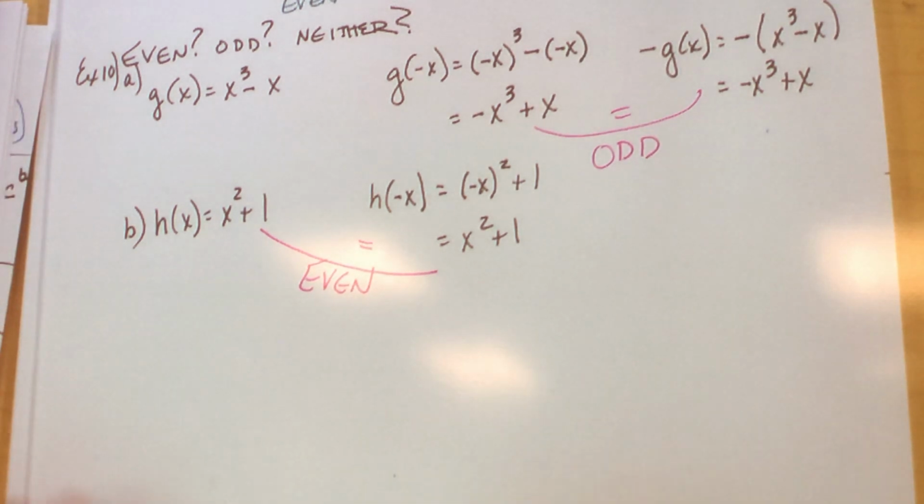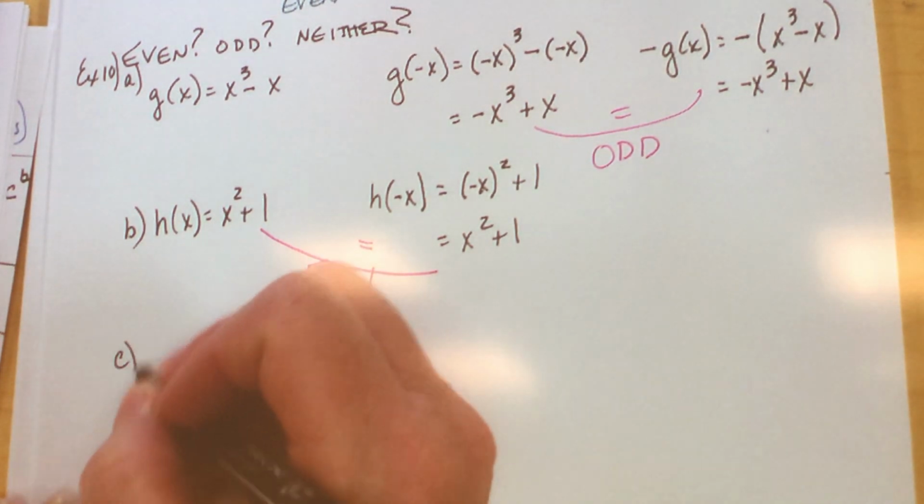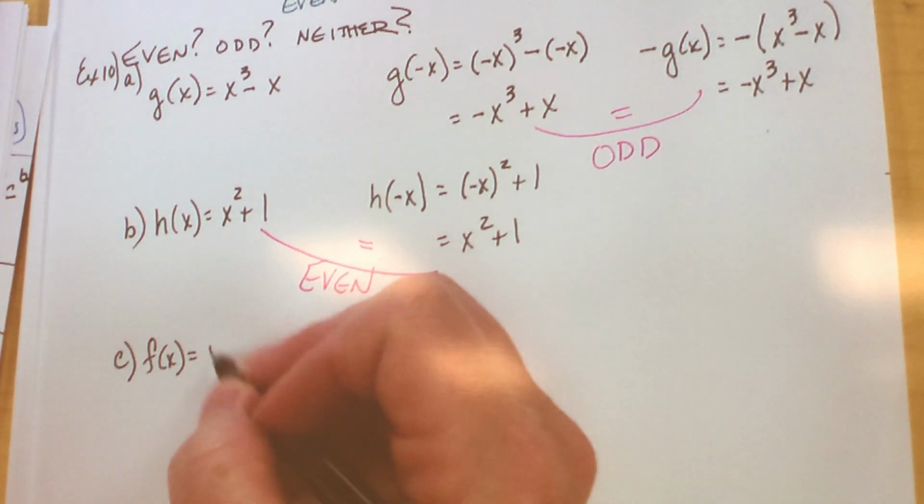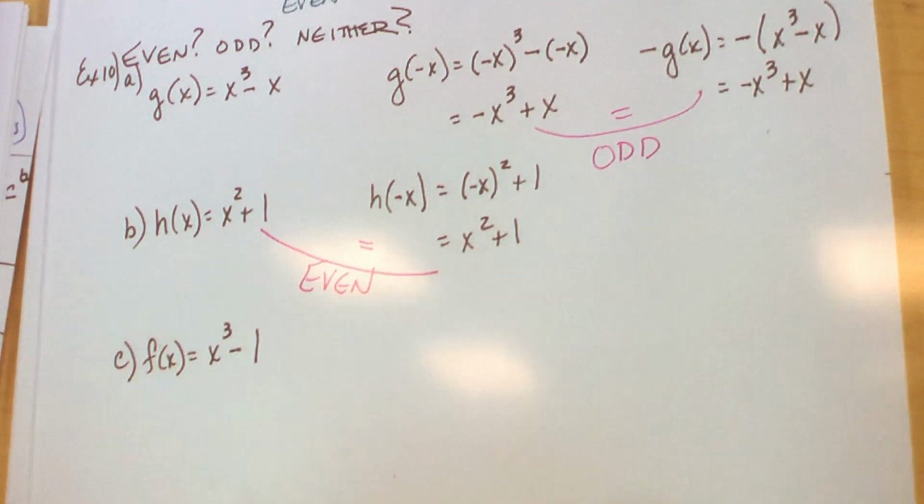Everybody okay? All right, here's the next one. f of x is equal to x to the third minus 1. Even, odd, or neither?